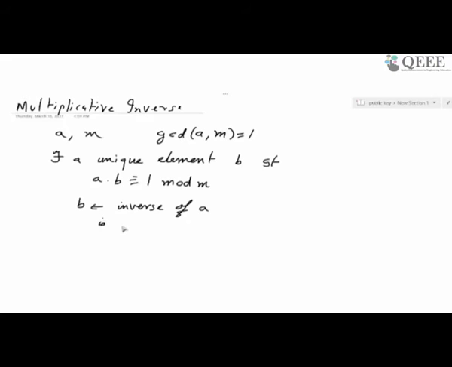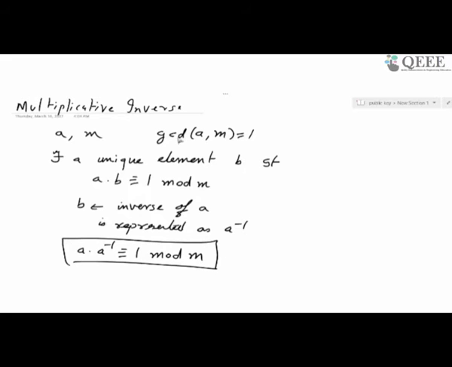and is represented as A inverse. So typically we say A into A inverse is congruent to 1 mod M. So the important thing for us over here is that the GCD of A comma M should be equal to 1.